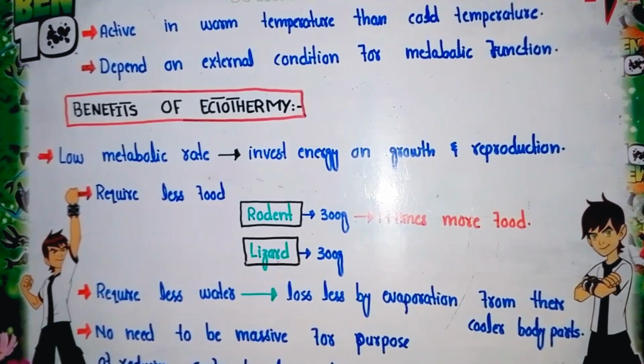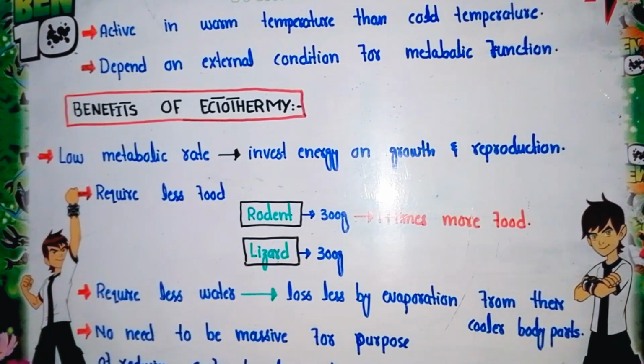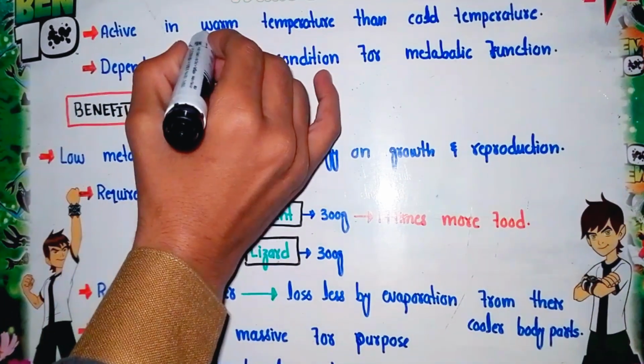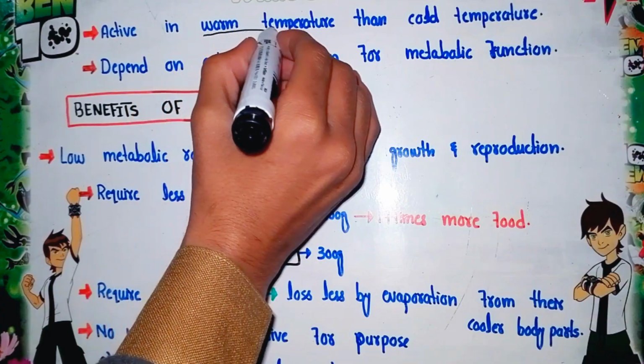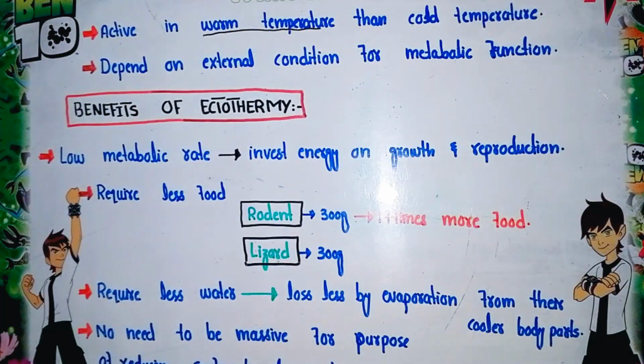Another characteristic of ectothermic animals is that they are more active at warmer temperatures than at cooler temperatures. To regulate their body temperature, they mainly rely on the external temperature, and in a warm climate they are active.